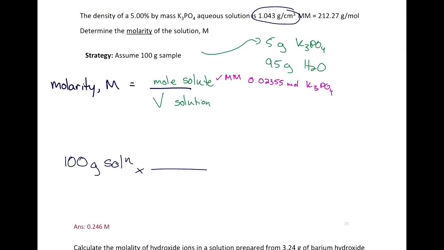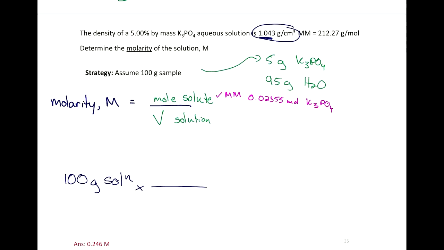Note that I'm not using 95, because that's just the mass of water. We want to use the mass of the entire solution, which is 100 grams. That's the assumption we started off with. So if we use density, where is that 1.043 going to go? Is it going to go on the top or the bottom?